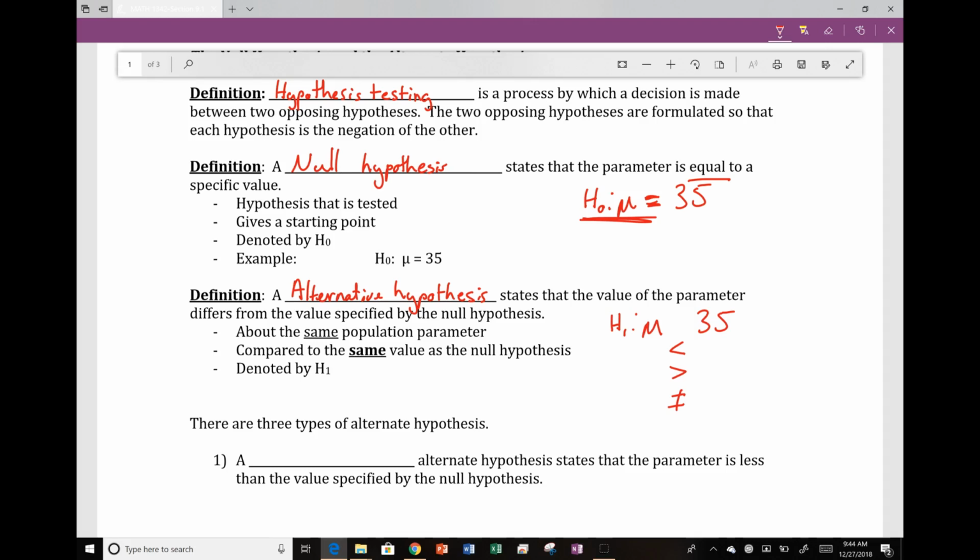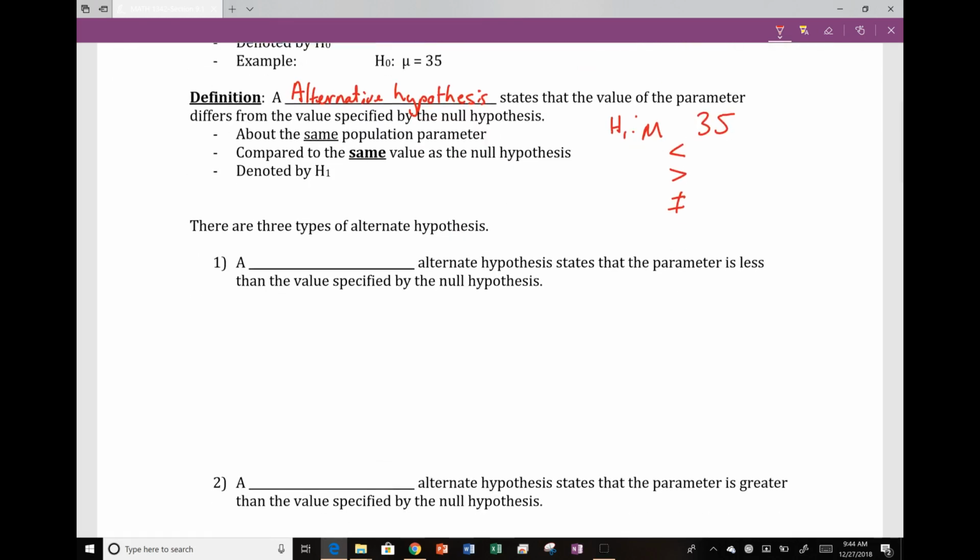Okay, so let's look at the first one, and it is what is called a left-tailed alternative hypothesis. What this states is that it is less than the specific value. Because think about it, when we look at our normal distribution and we're looking at the left tail, that's the little bitty tail that's colored in over here. We're always coloring in just the little bitty tail.